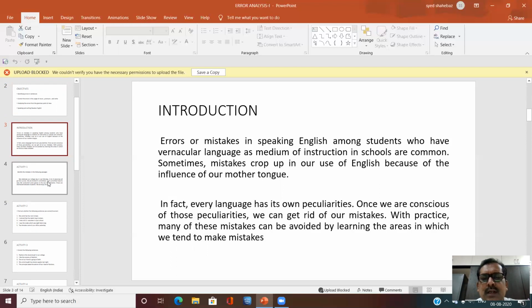Sometimes mistakes crop up in our use of English because of the influence of our mother tongue. In fact, every language has its own peculiarity. Once we are conscious of those peculiarities, we can get rid of our mistakes. With practice, many of these mistakes can be avoided by learning the areas in which we tend to make mistakes.